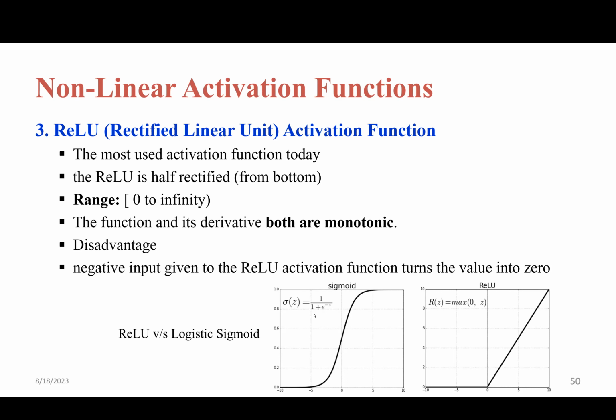That means any negative input given to the ReLU activation function turns into 0 immediately, which affects the resulting graph by not mapping the negative values appropriately. So this is the only problem with the ReLU activation function.